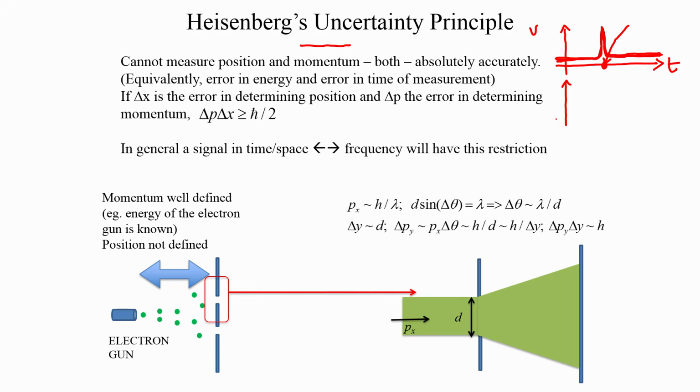Therefore, the only way one can determine the wavelength or the frequency of the signal is by taking a Fourier transform, and we find that the Fourier transform is a wideband signal. It has frequencies from minus infinity, frequencies from 0 to infinity. And therefore, the frequency and hence the wavelength of the signal is not very clear. So, the question on what the frequency of the signal is is not a very clear question, because the signal is a wideband signal.